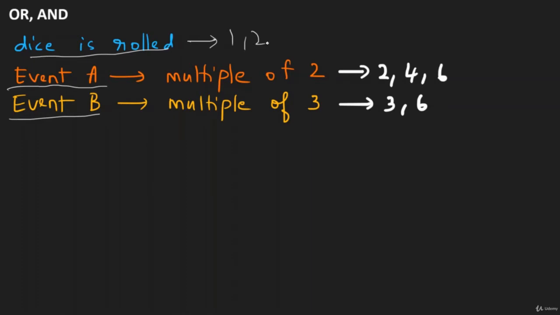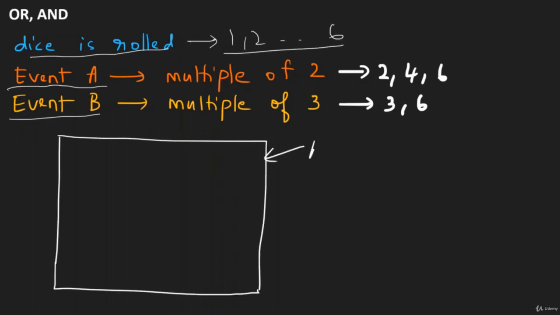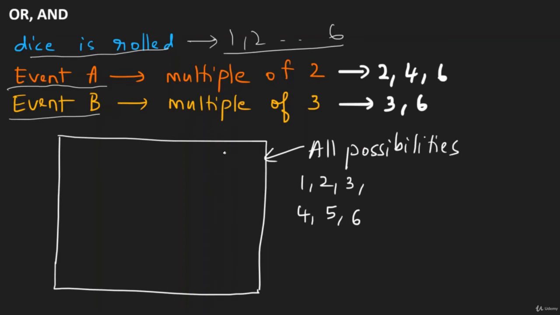These are 1, 2, etc. up to 6. These can be represented like this in a diagram. So the universe of possibilities, that is 1, 2, 3, 4, 5, 6 is drawn like this. Now inside this universe, let's draw event A, which is the possibility where a multiple of 2 is obtained when the dice is rolled. Now let's draw event B inside this universe.